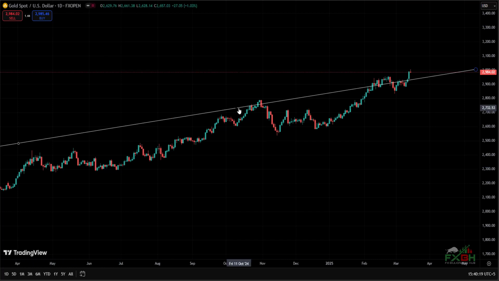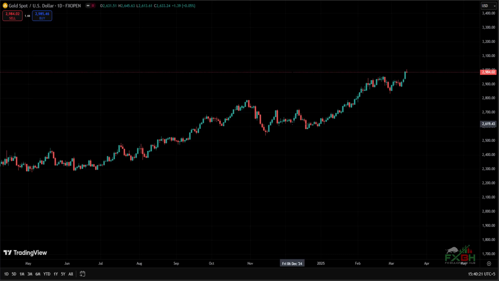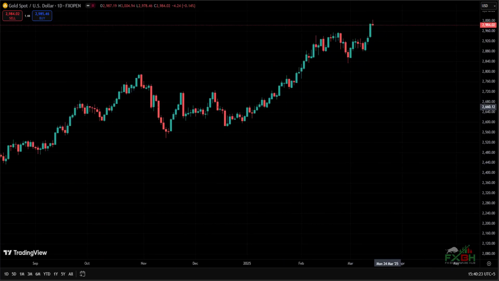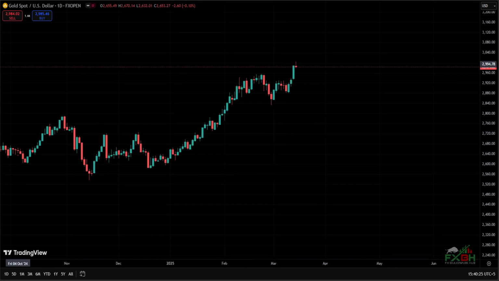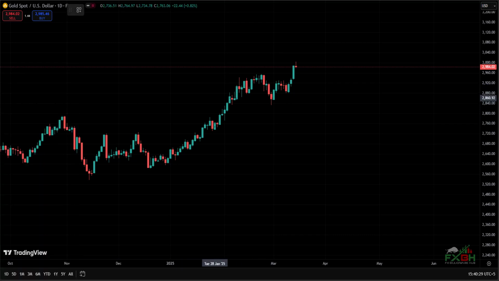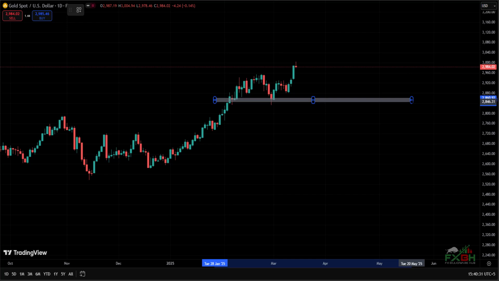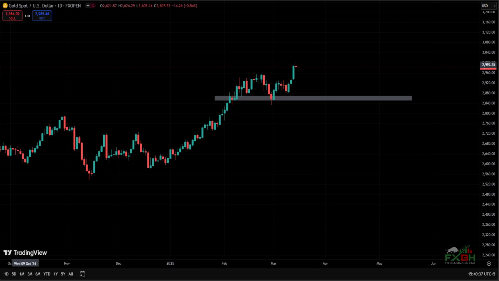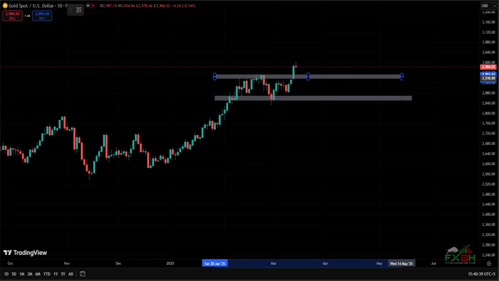If I remove the trend line and look at the support and resistance levels, there was our resistance level in that area, and if I try to draw a support level, that was our support area. So it made a breakout from that particular area, and it is just trying to rise up.